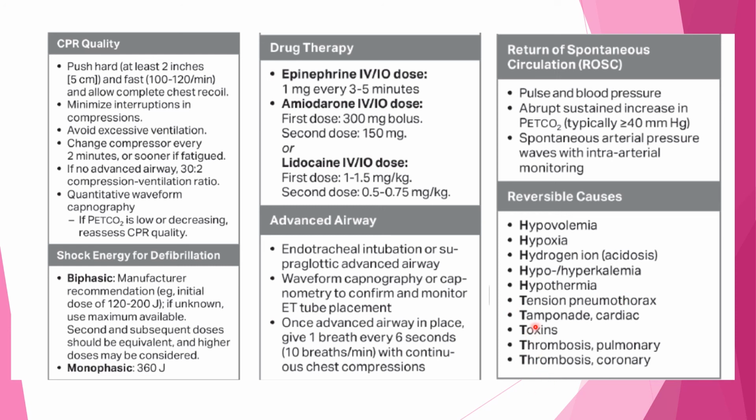It is also tension pneumothorax, cardiac tamponade, toxins, pulmonary thrombosis, coronary thrombosis. So this one needs another lecture, reversible causes. Okay, always don't forget to search for the reversible causes. Thank you.